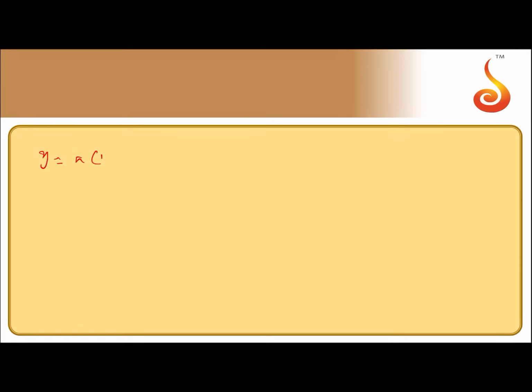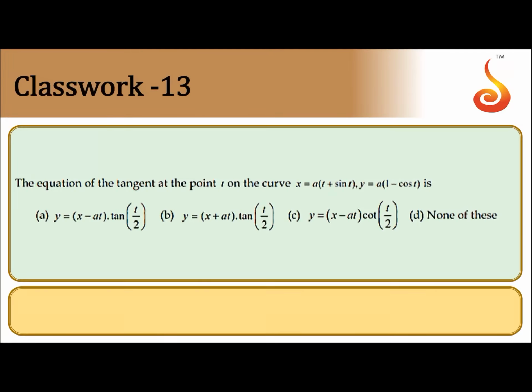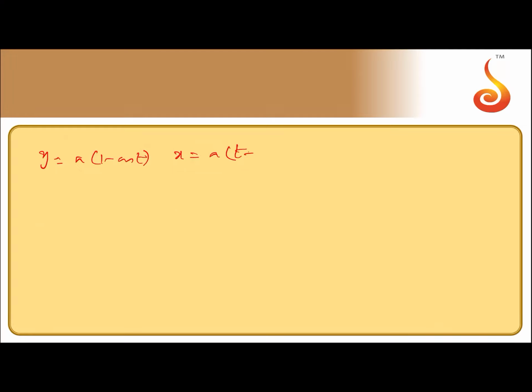Let me find the derivative. dy by dx is equal to dy by dt over dx by dt. I hope we'll be getting a sin t divided by a into (1 plus cos t), and of course this is nothing but tan t by 2.